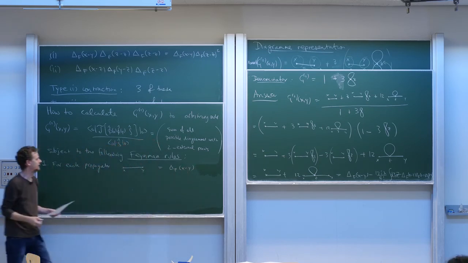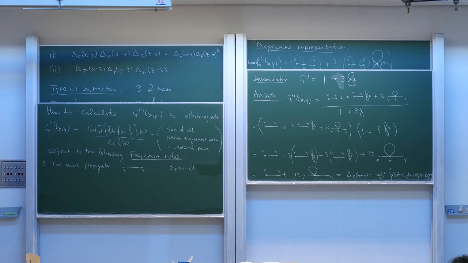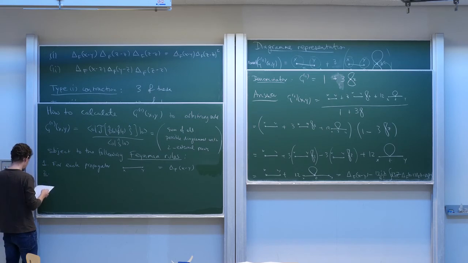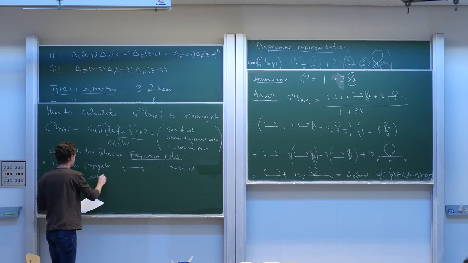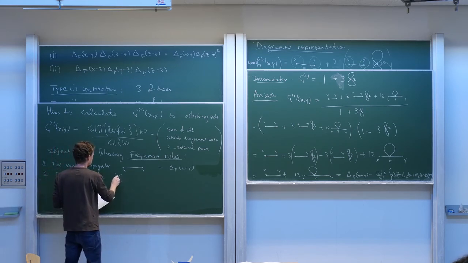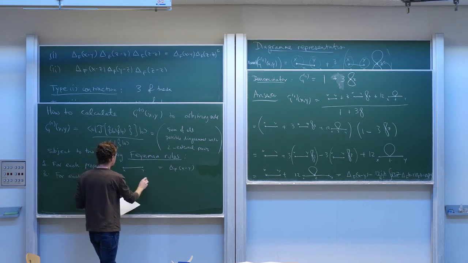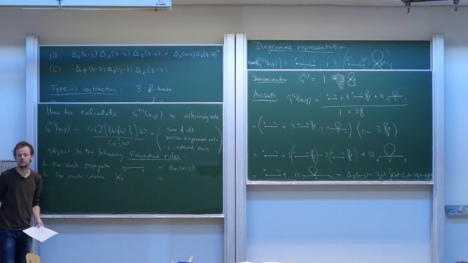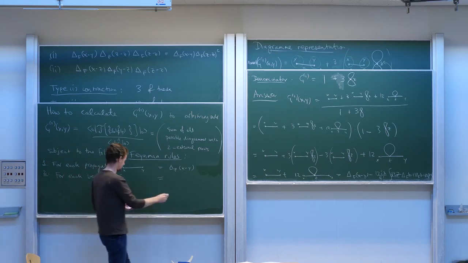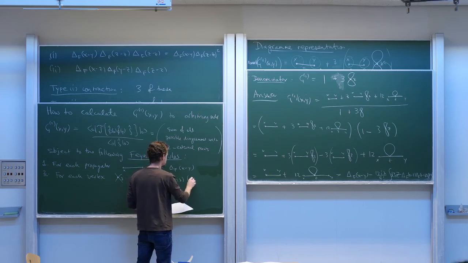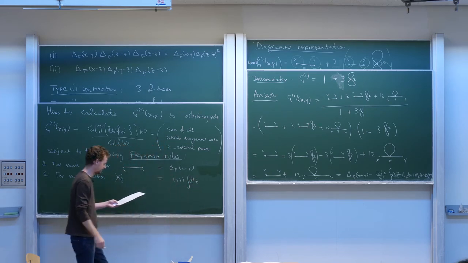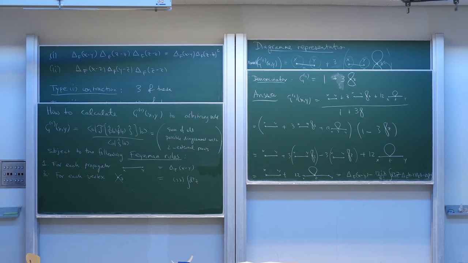So rule 1 is you associate with every propagator, every line, delta F of x minus y. We knew that one. For every vertex inside one of these diagrams, we associate an integral. Now, be wary, I'm going to change the rules slightly from what I wrote down before to evaluate one of these diagrams.